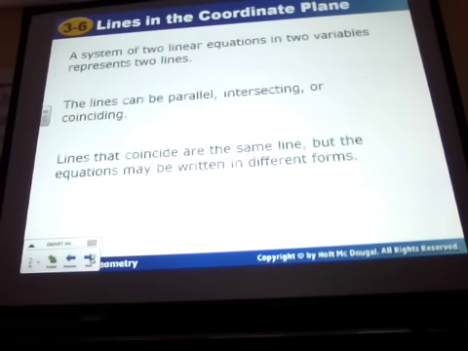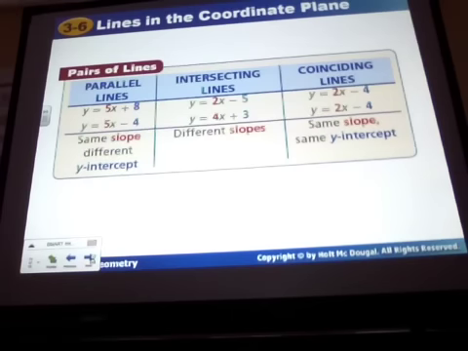A system of 2 linear equations in 2 variables represents 2 lines. The lines can be parallel, intersecting, or coinciding. Coinciding means they're the exact same line. Lines that coincide are the same line. All right, on your teaching transparency, when you compare 2 lines, if they have the same slope but different y-intercepts, then you have parallel lines.